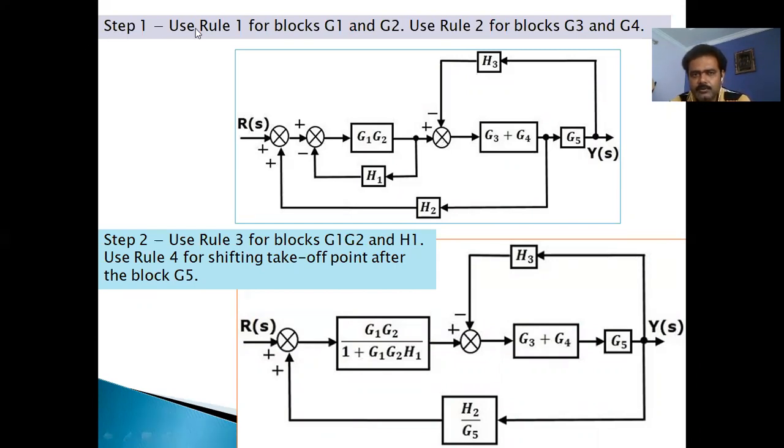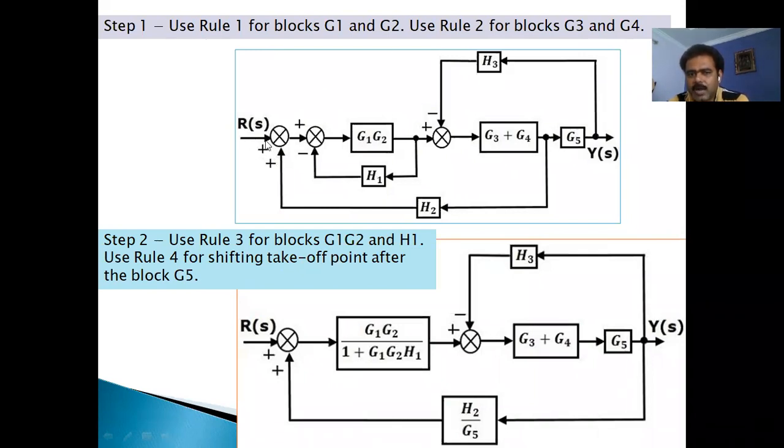Step 1: cascading blocks G1 and G2, and eliminating parallel paths G3 and G4. Like that we have to write. So that is the step 1 we have applied.